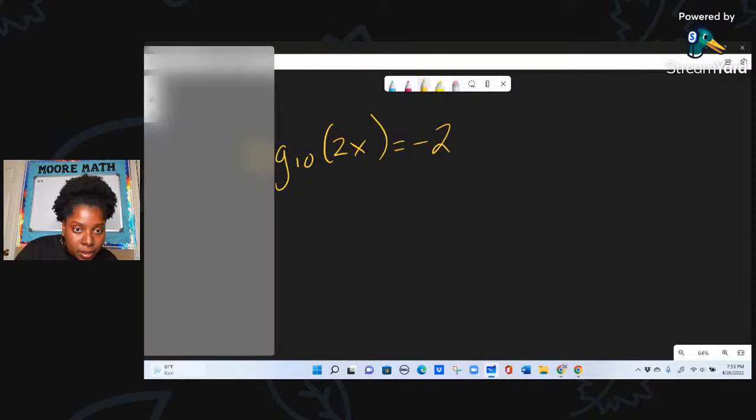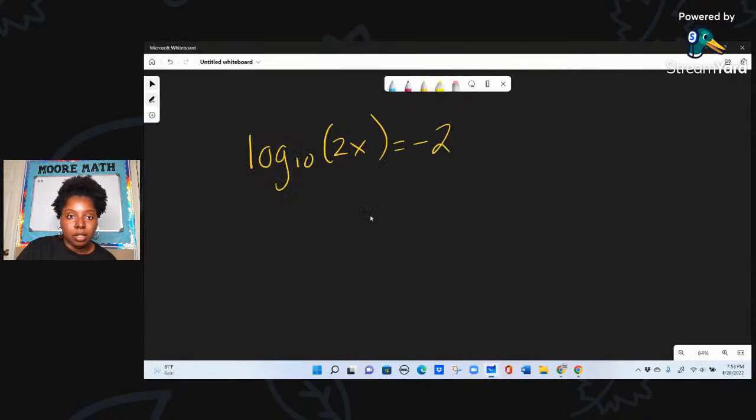Yes, I can, Dean. Okay, so log base 10 of 2x equals -2. When you go to simplify this, remember you would take that 10, that's your base, raise it to the -2 power, and that equals 2x.